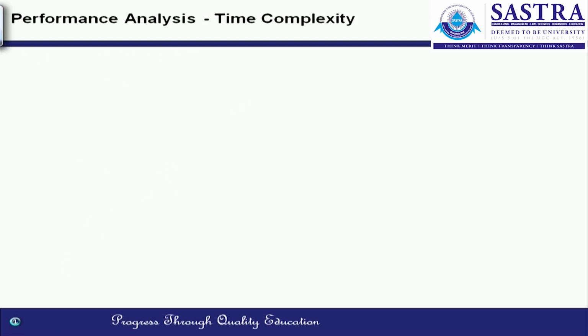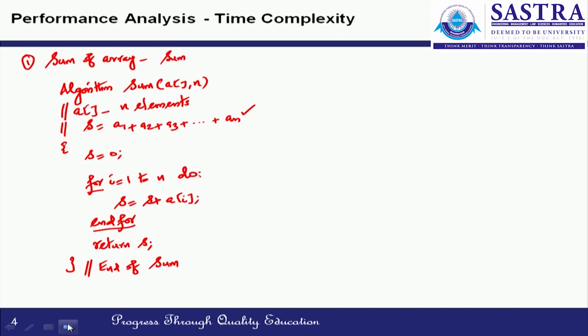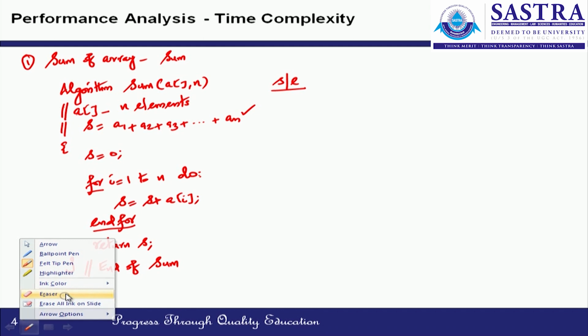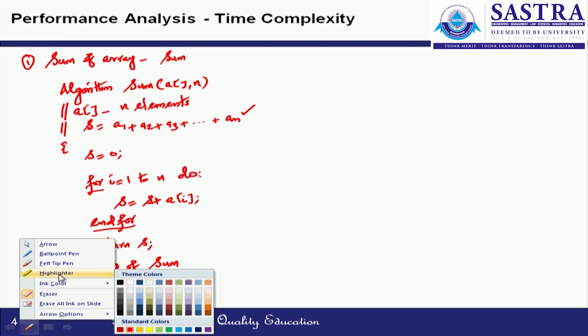So, in the step table method, the first column has been constructed, algorithm. Second column is step per execution. First column algorithm name, second column step per execution.